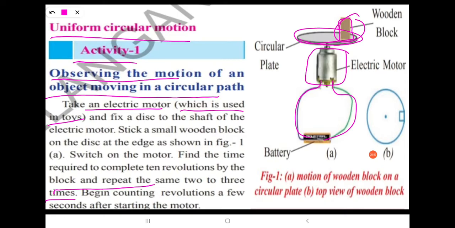We have to begin counting revolutions a few seconds after starting the motor.